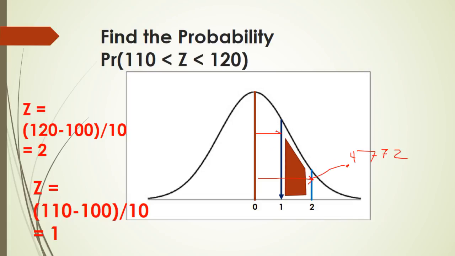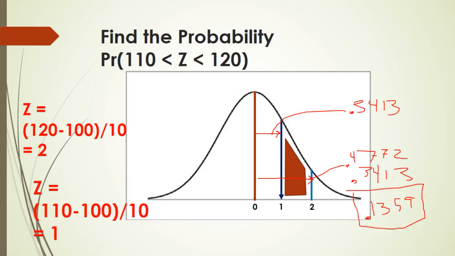From here to here, that is 0.3413. So we're going to take 0.4772 and subtract 0.3413. Okay, so that's 0.1359. So this area in here, that blob, is 0.1359.